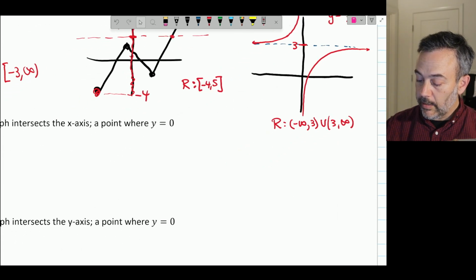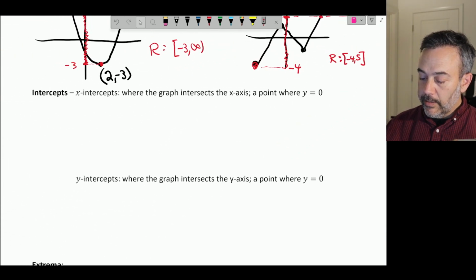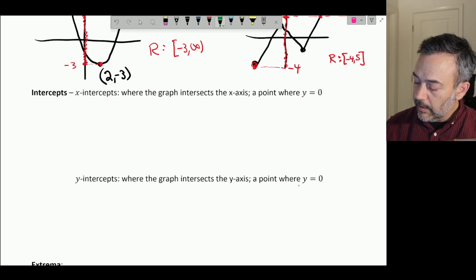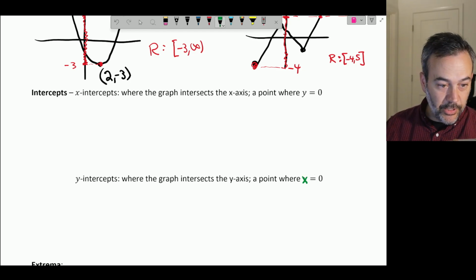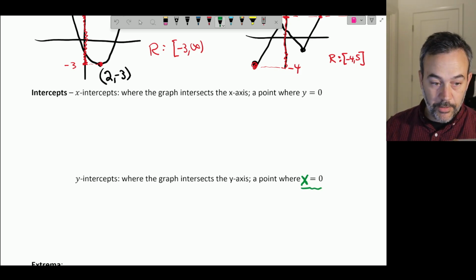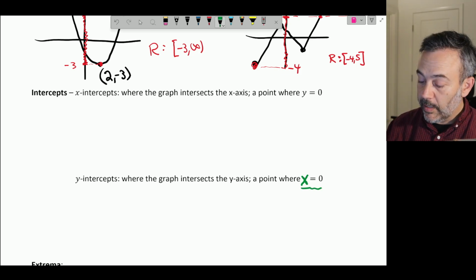Okay, great. Now, some quicker ones. First off, before I forget, I have a typo here. Do you see where it says y-intercepts? A y-intercept is when x equals 0. So change that y right here, change that y to an x. That was a typo. Intercepts.